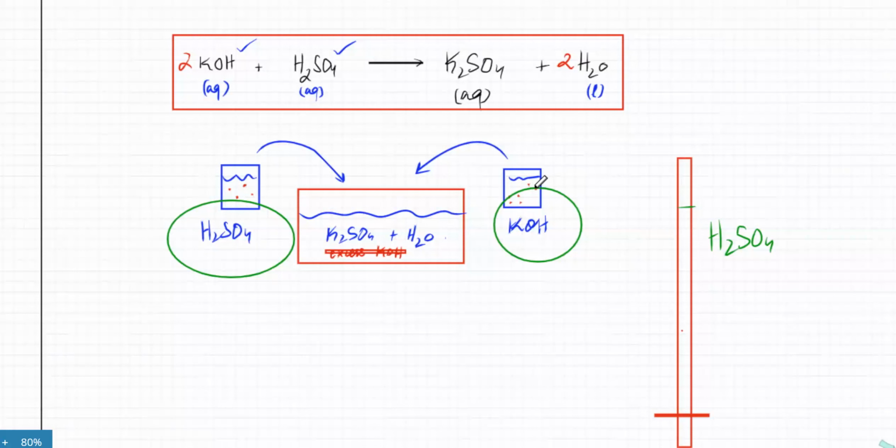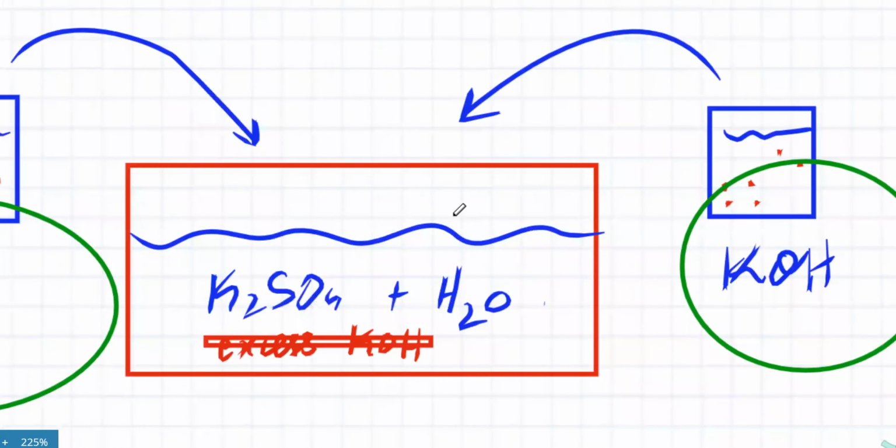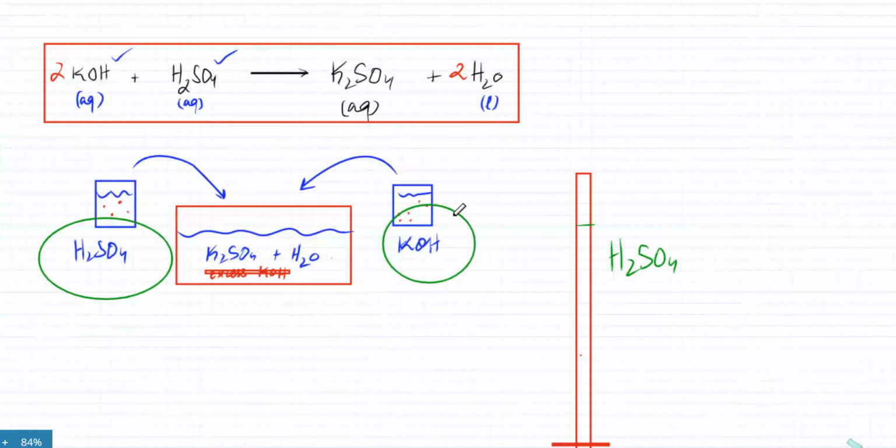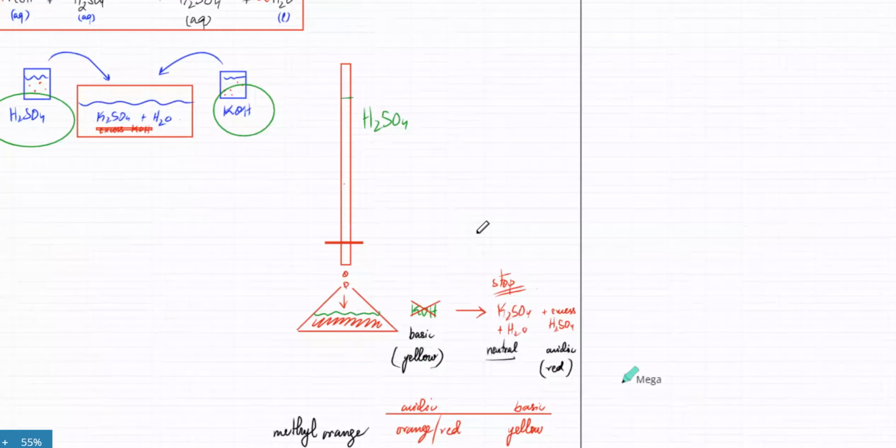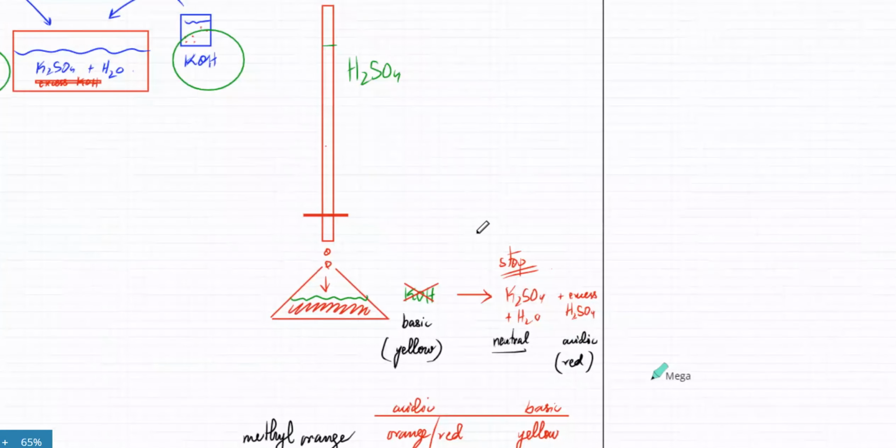If you add too much of one of the solutions, then it would be impossible for you to take it out or filter it out. So your salt would be contaminated by the solution that you add in excess. So the whole task is, don't add anything in excess more than the required amount. So which is why you do this.